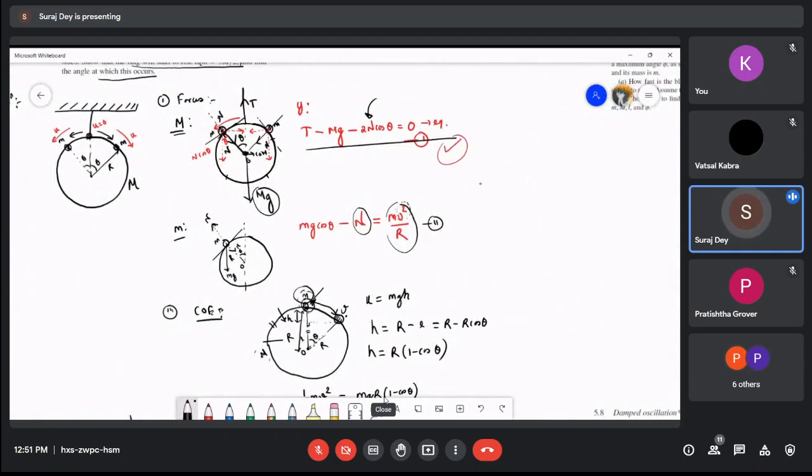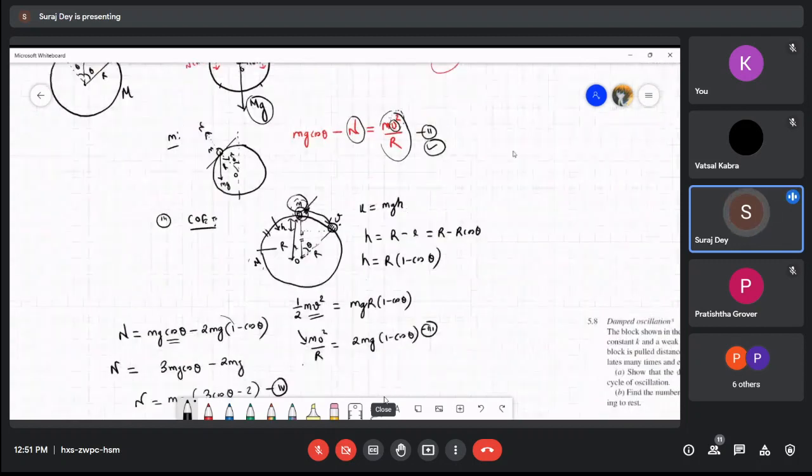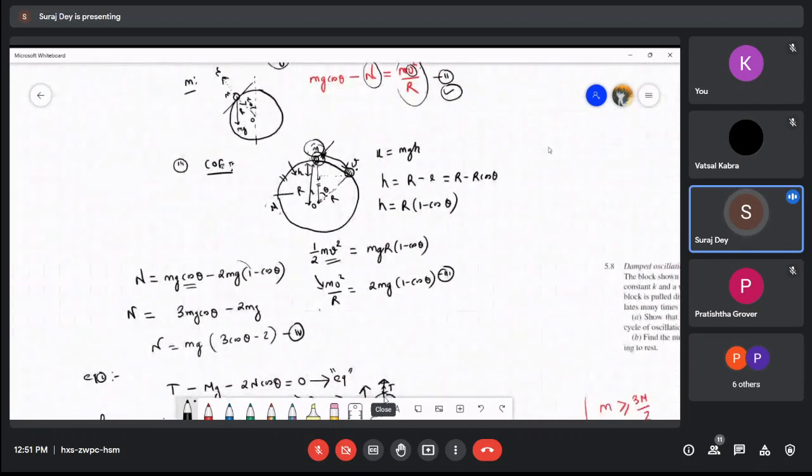Similarly, we can write the equation for the smaller masses m, and we get this particular equation. Now we have to find what the normal force is, and we can get it from this equation. But for the normal force, you also need the velocity of these masses. So here we can write the energy equation for these individual masses themselves, because this is for now stationary.